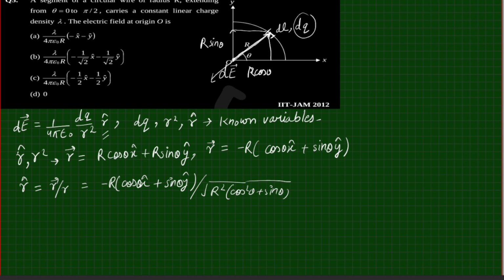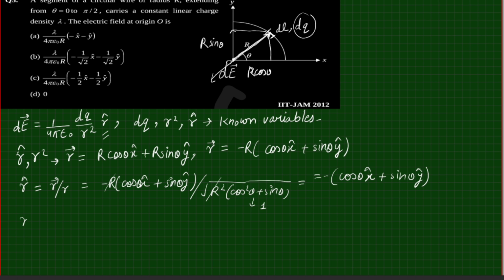Mod r will be given like this. So this will become 1, and r square in root will become r, and r will cancel r here, so it will become minus cos theta x cap plus sin theta y cap.